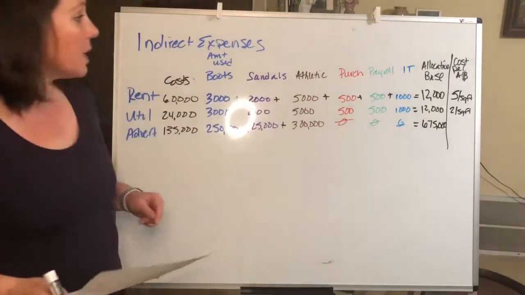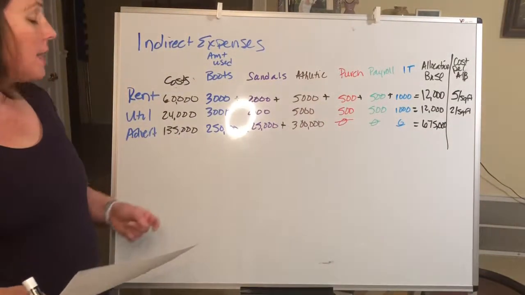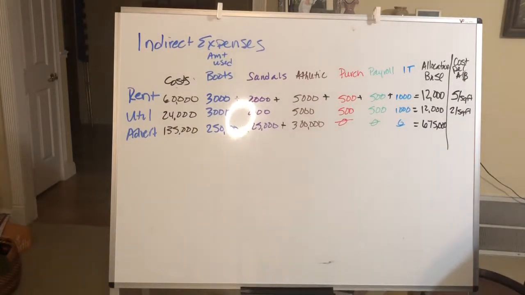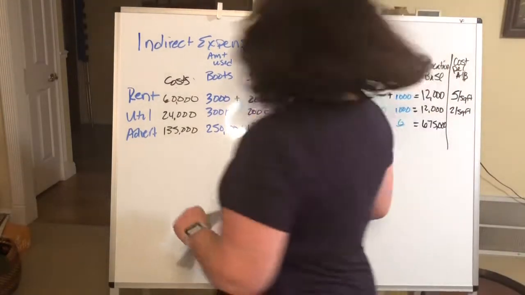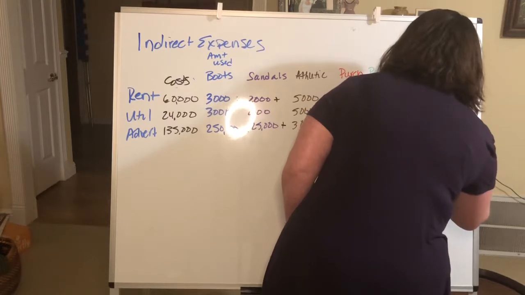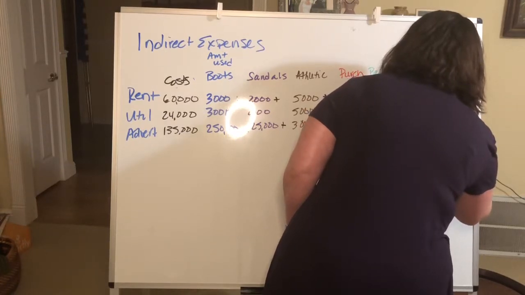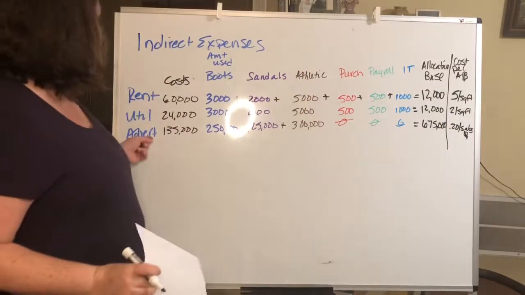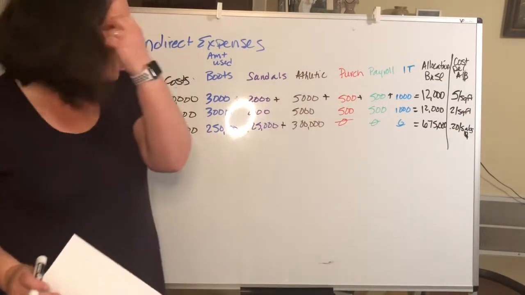That is our total sales, and when we divide our advertising cost of 135,000 by that, it's going to end up being 20 cents per sales dollar. So we'll allocate advertising at a rate of 20 cents per sales dollar.